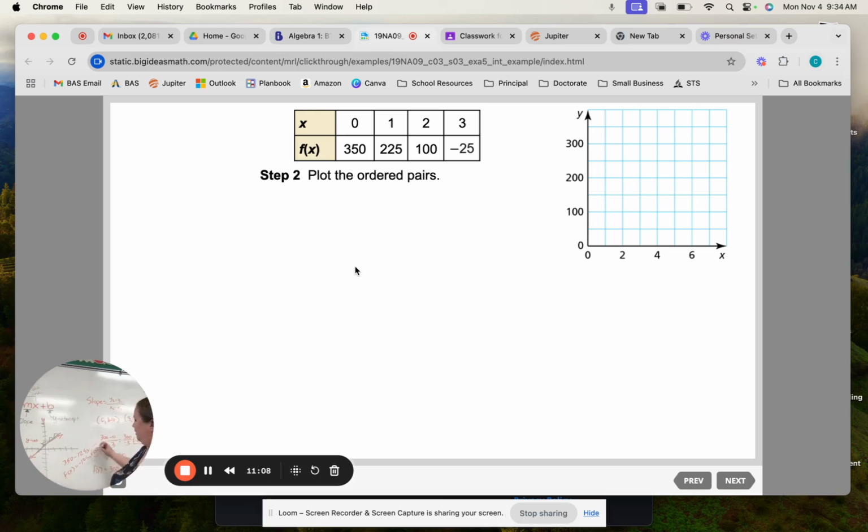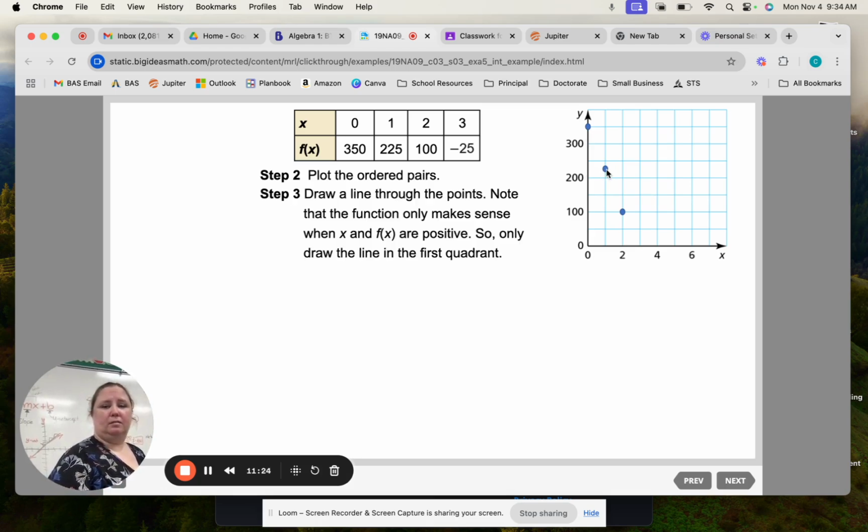So my y-intercept is, so up here I would click 350. And what's my slope? Down 125. So you see down here it went about 125 down. They put the next dot.